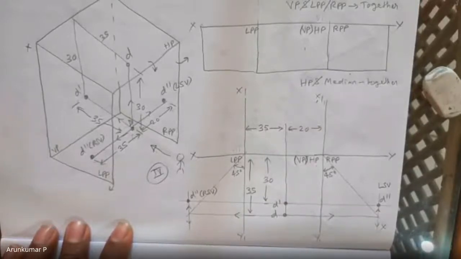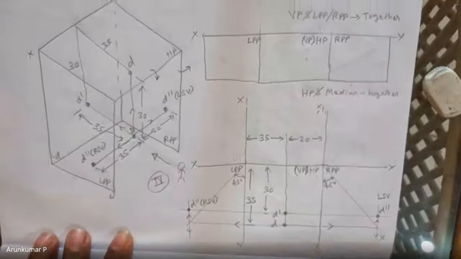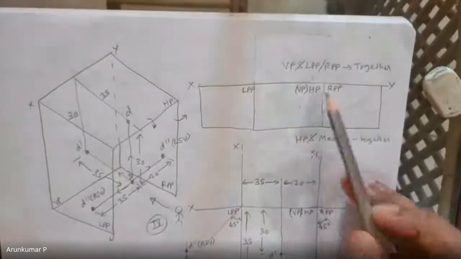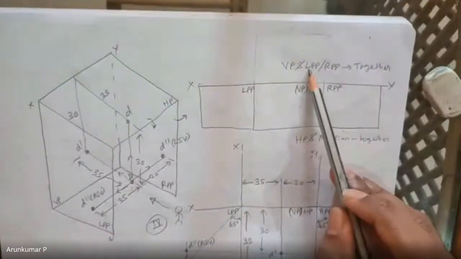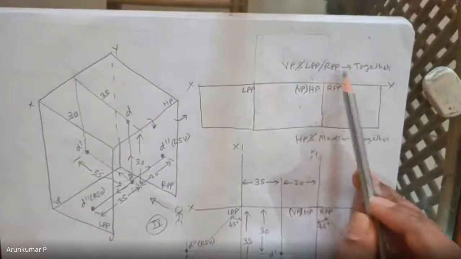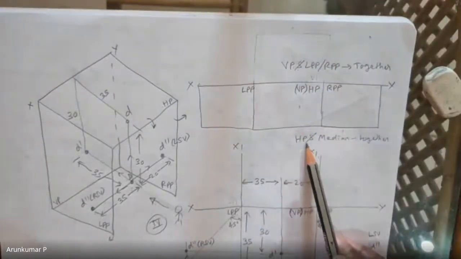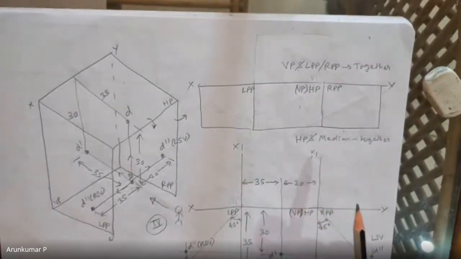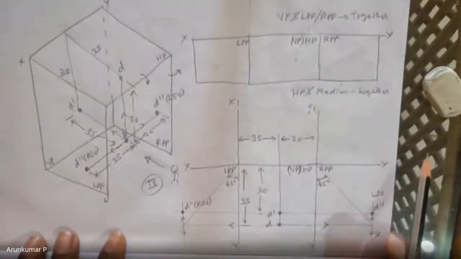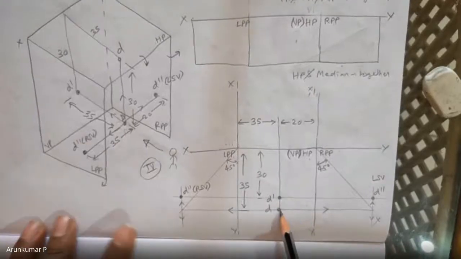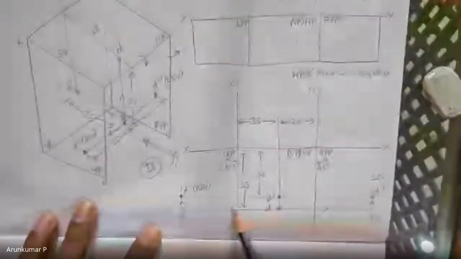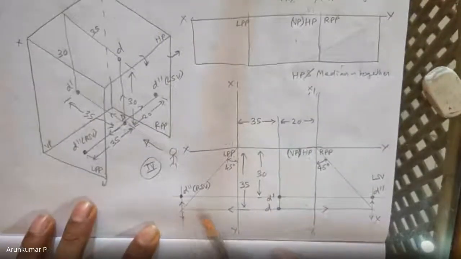Okay. So the important thing is these two, vertical plane and the left plane or the right plane will be together besides each other. Horizontal plane and median line will be together. And of course, your thumb rule here. First project the top view onto median line.